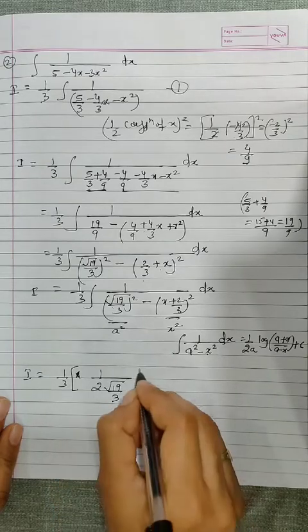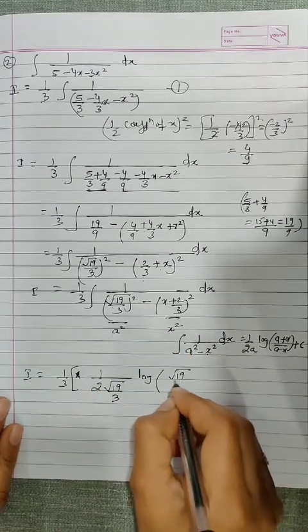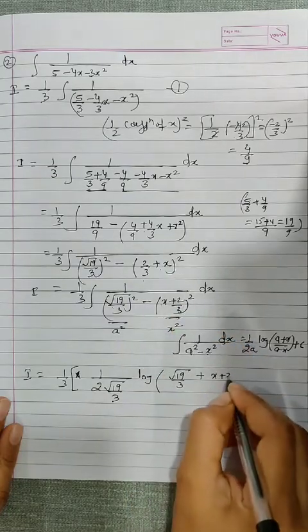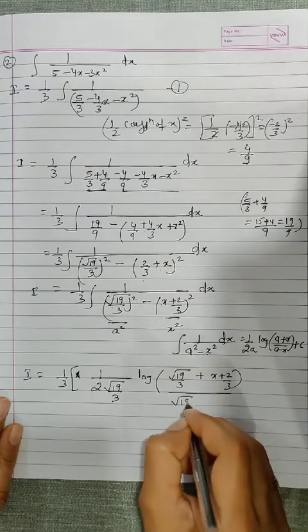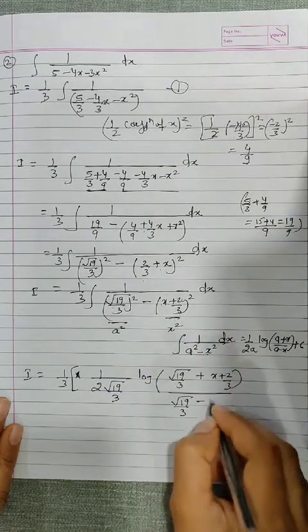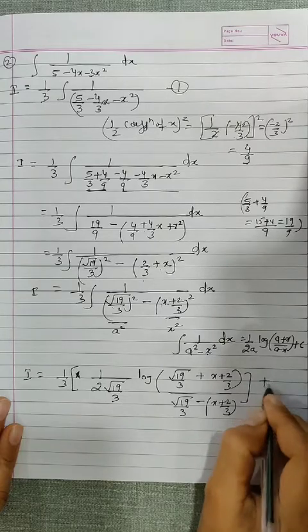Into log of a plus x. A is again under root 19 by 3 plus, what is your x? It is x plus 2 by 3, upon a minus x. A minus x means under root 19 by 3 minus x, and x is what? x plus 2 by 3. So x plus 2 by 3 and plus c.